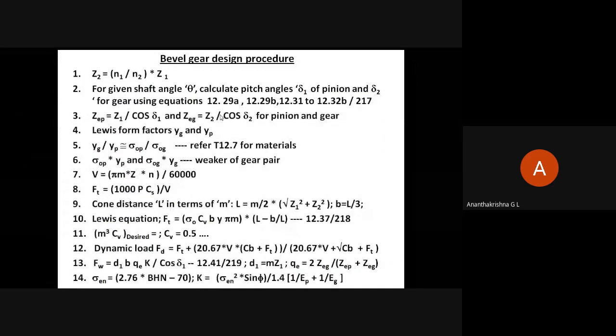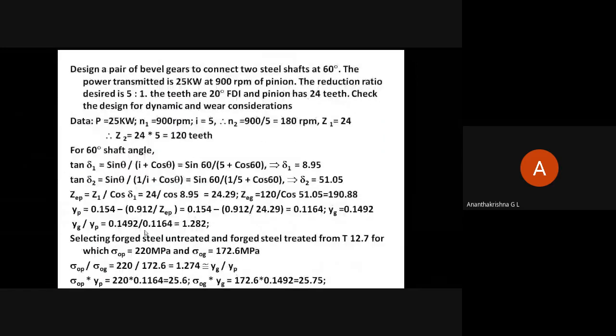Please calculate and cross-check your values. Are you all working? Yes, sir.